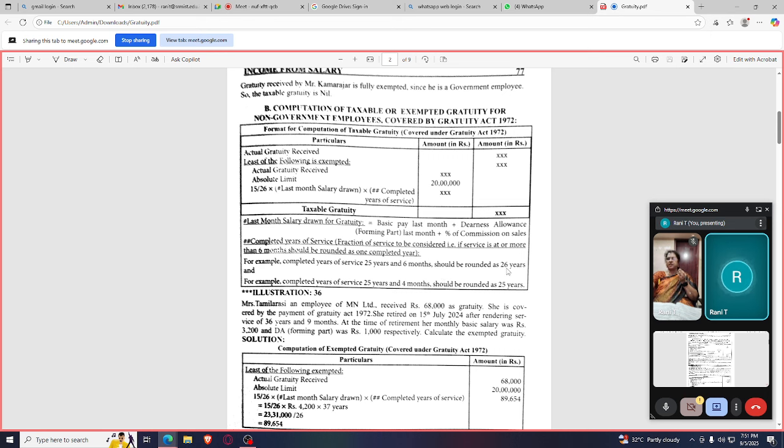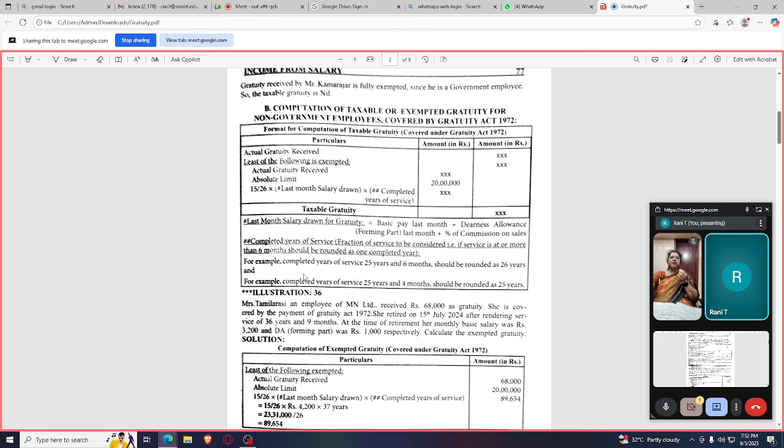I am saying this because this provision will change if it is not covered by the Gratuity Act. That is why I am making a mention here, and I have also shown it under this block.